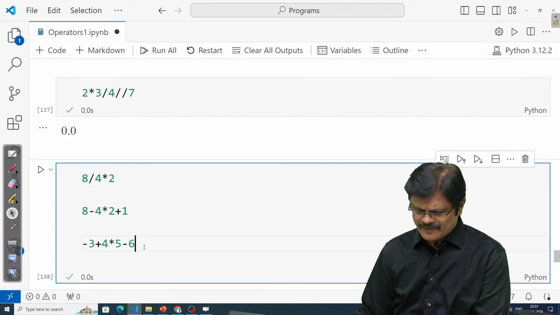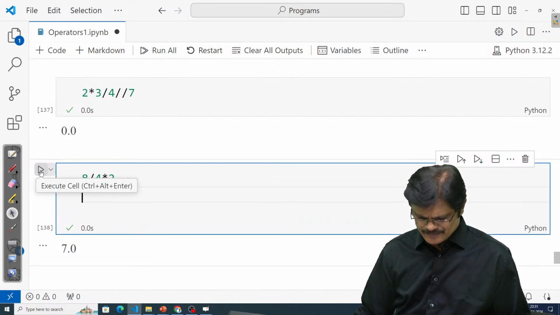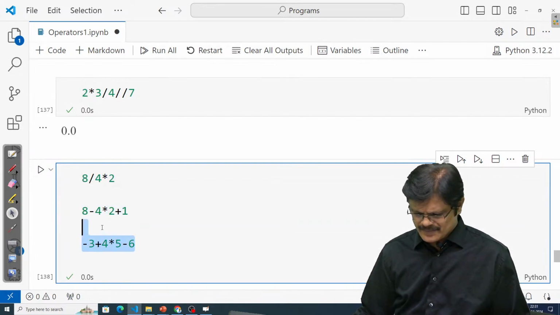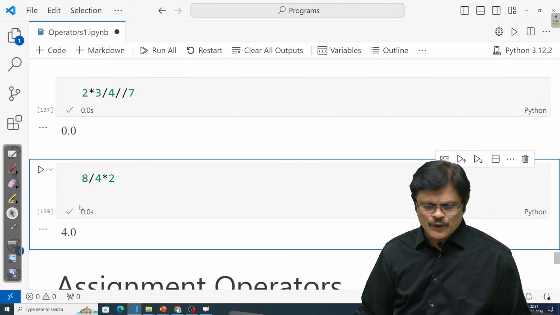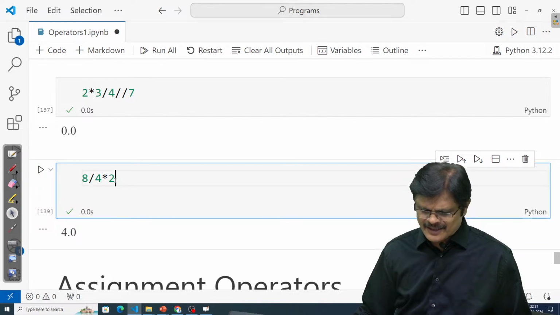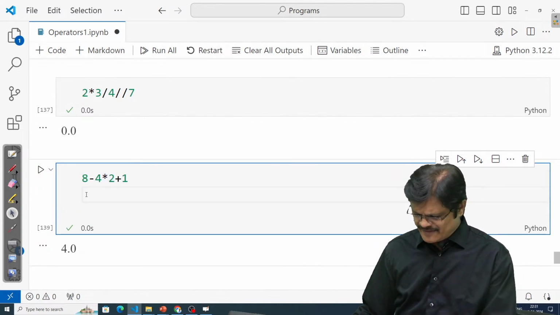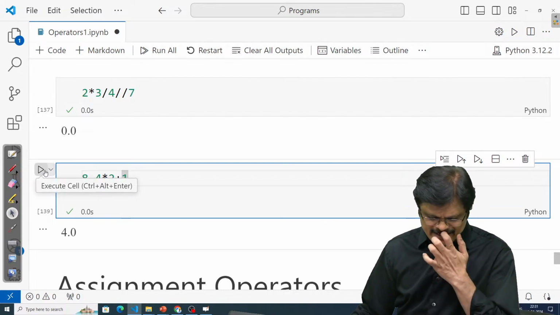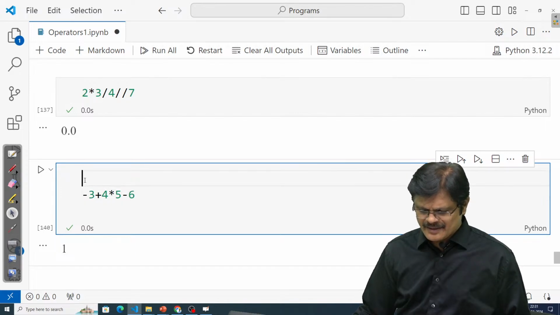So let us check one after the other the results. Let me cut it and keep it. This one is 4 as expected. For the last it is 11. Very good. And for this also, let us keep it safe. This one, what is the answer? 1 is the answer. And the last one is 11.